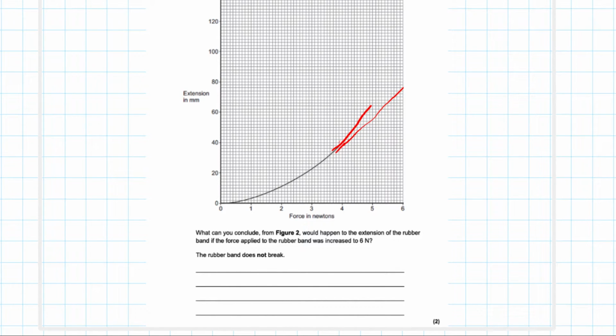If we draw a straight line here, because we have force F equals Kx, as you extend the rubber band, it should be a straight line that continues at the same gradient. So you just get your ruler and you draw a straight line, and then at 6 you would then draw a straight line across to get a measurement. So you will get an increase to about 80.